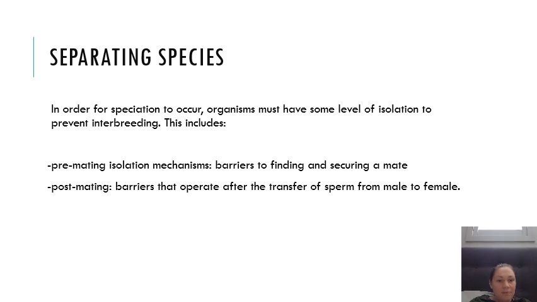Okay, so separating species. In order for speciation to occur, organisms must have some level of isolation to prevent interbreeding. There may be pre-mating isolation mechanisms, so barriers to finding and securing a mate, or there might be post-mating, so barriers that operate after the transfer of sperm from male to female.